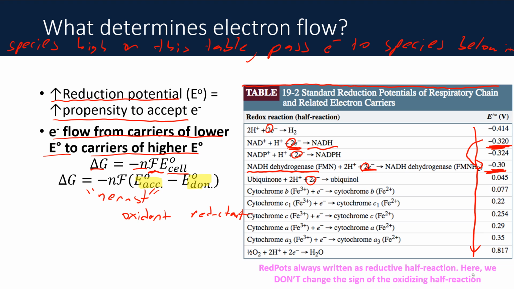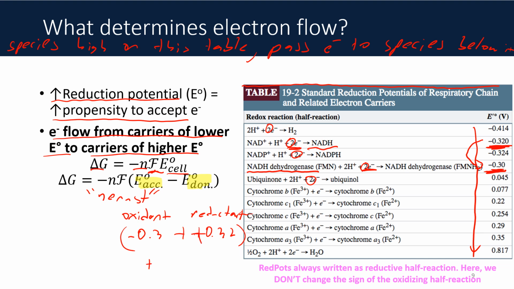Complex 1 accepts electrons from NADH. So we're going to plug in negative 0.3 over here, minus negative 0.32. What does that equal?